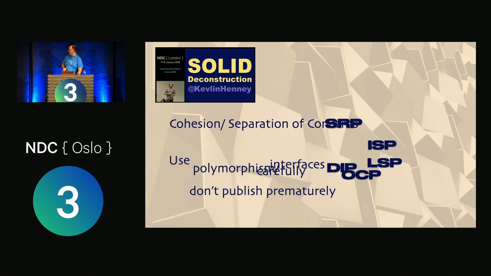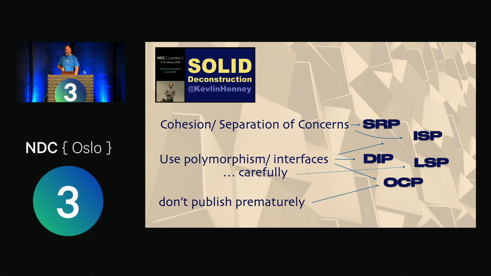So in fact, you can regroup them, and you get some sort of graph like this. Three main areas. The cohesion part, separation of concerns, is quite central, and using polymorphism with interfaces, do it carefully. Respect contracts. And that extra bit on the end, don't publish prematurely, which is good advice.